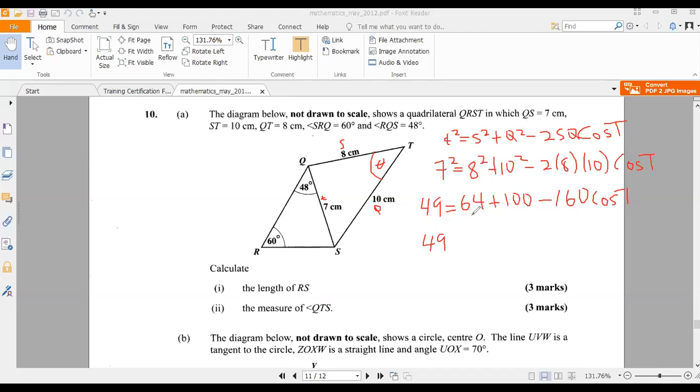Now remember that we have to add these two, so 64 plus 100 will give me 164, minus 160 cos of T.